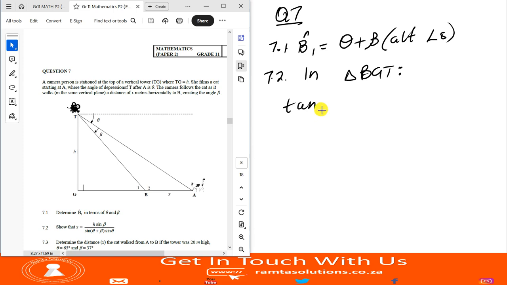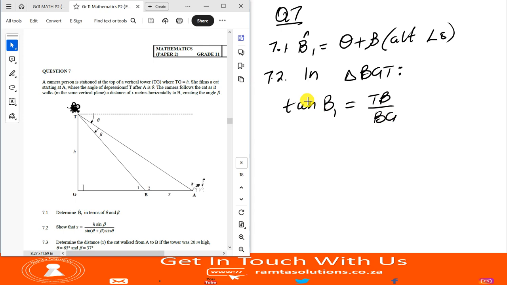Yeah, let me use tan. I'm going to use tan angle B1 equals opposite over adjacent. So it'll be TB over BG, right? It'll be TB over this guy here, right?